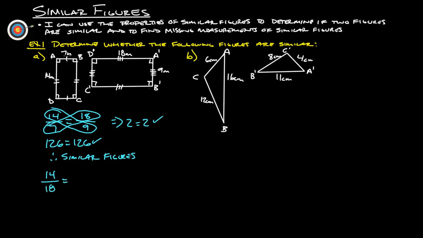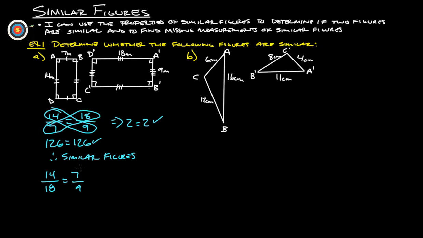Does that equal the short side on the first one over the short side on the second one? And you will end up multiplying the same numbers. So you got 14 times 9 and 18 times 7. So 126 will still equal 126. So you can set it up many different ways.